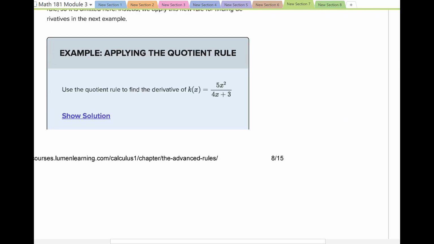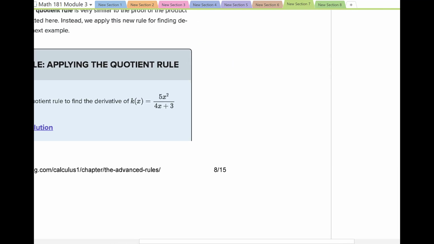So now we're asked to use the quotient rule here. So let's find k prime of x. K prime of x is going to be low, which is our 4x plus 3.